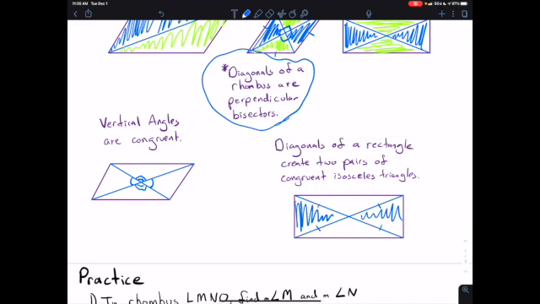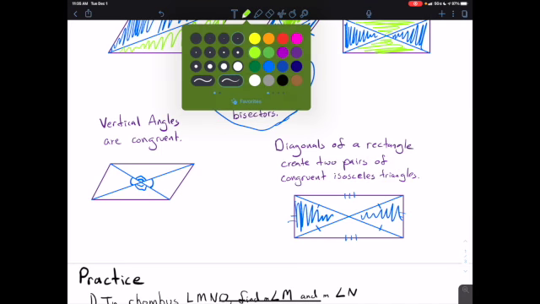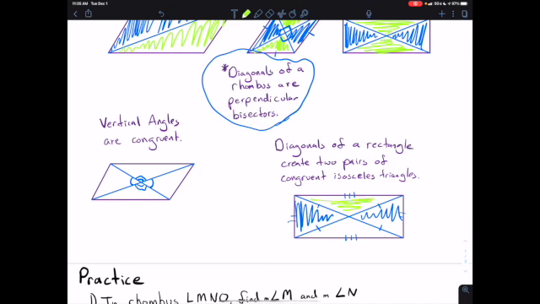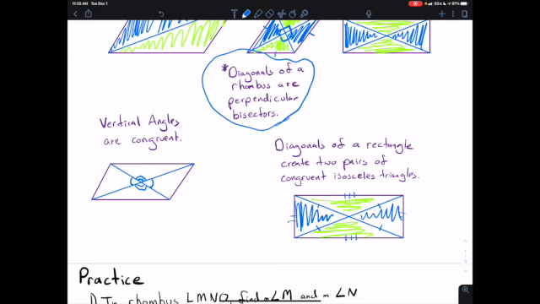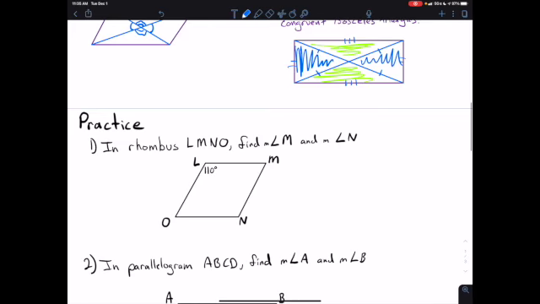So this base is the same as that base, and then the legs of the triangle are the same, so it makes isosceles triangles. And guess what? That applies the same for this triangle too. So if I change colors here, the green triangle is also an isosceles triangle, and they're the same congruent triangles. So pretty cool. All right, so let's see this at work.